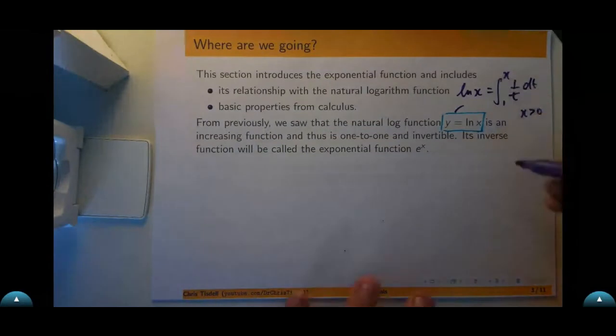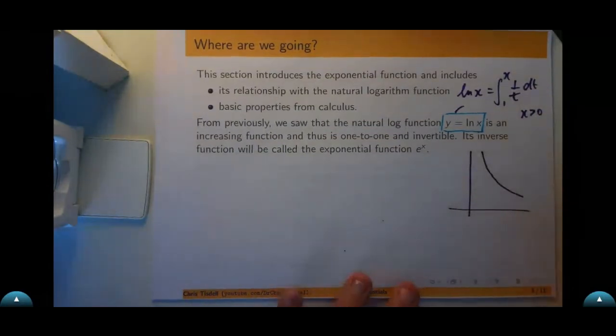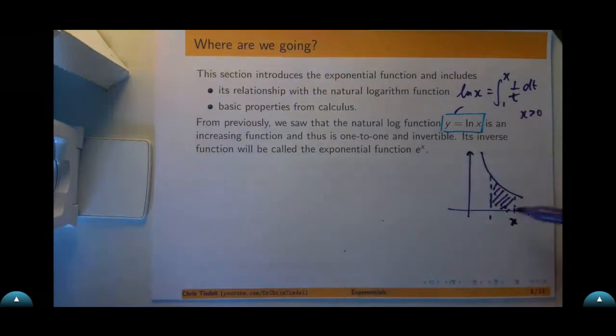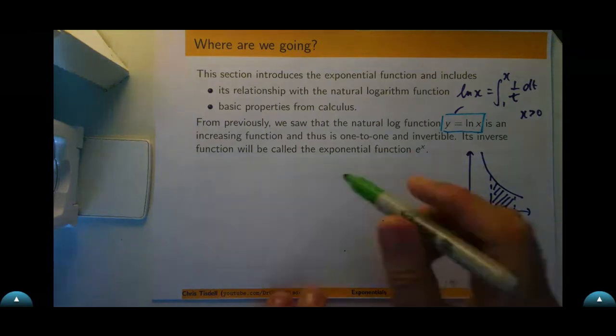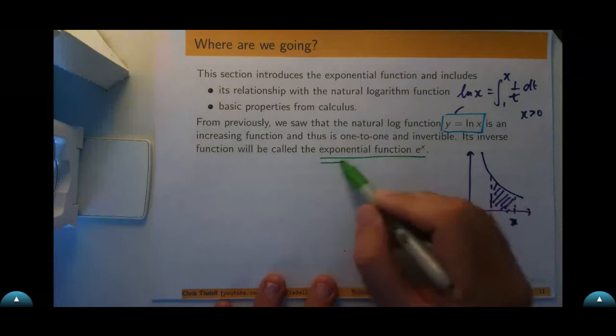You can think of this as: you've got 1 on t, here's 1, and maybe here might be x. This area underneath is the value of the logarithm function. So if x equals 2, the area under here would be log 2. So today we are going to look at this exponential function.